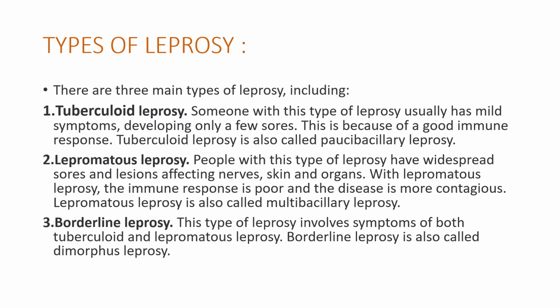Lepromatous leprosy is also called multibacillary leprosy. 3. Borderline leprosy. This type of leprosy involves symptoms of both tuberculoid and lepromatous leprosy. Borderline leprosy is also called dimorphous leprosy.